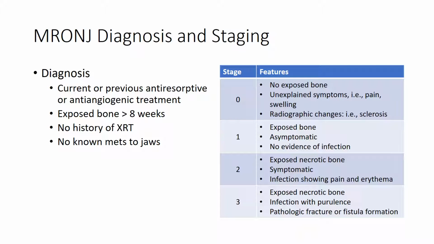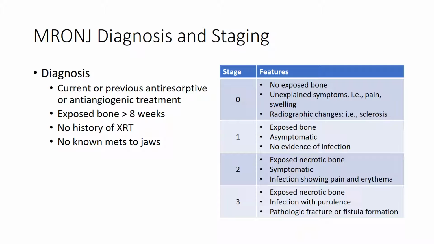The next stage is stage 1, where you have exposed bone, but the patient may be asymptomatic and there's really no sign of active infection. And again, sometimes these can be treated with stoppage of the drug and antimicrobial rinses. Stage 2 is a little bit more severe. There's exposed necrotic bone.